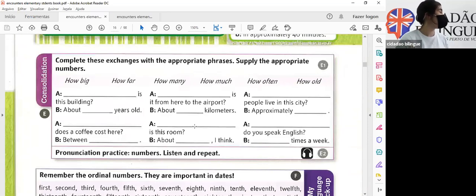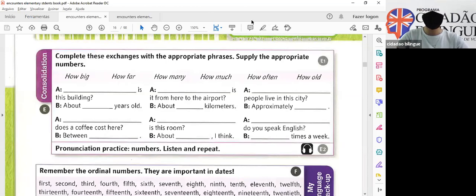Quero que vocês tentem responder, completar esse diálogo, all right? By yourselves. Sozinhos primeiro, all right? Okay? So take a look at it. I'm going to time 5 minutes, okay? Eu vou cronometrar aqui 5 minutinhos, okay? So that we can continue, all right?